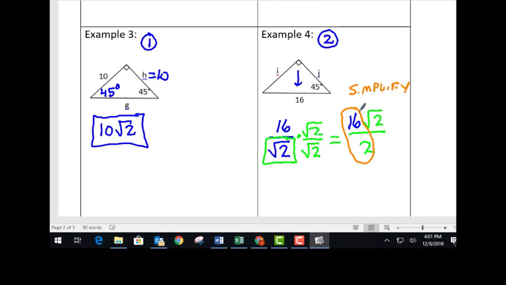What is 16 divided by 2? Well, I know 16 divided by 2 is 8. So that would be 8 times the square root of 2. So in this case, the legs, both I, which is the same as J, are equal to 8 square root of 2. And that would be all she wrote.